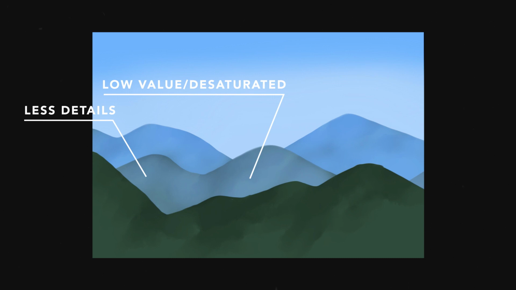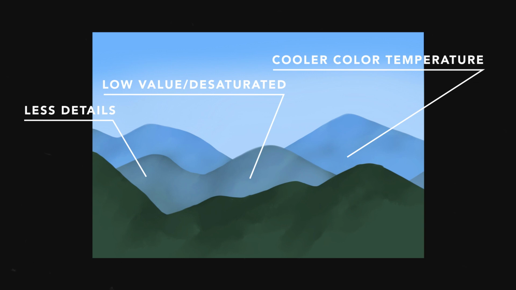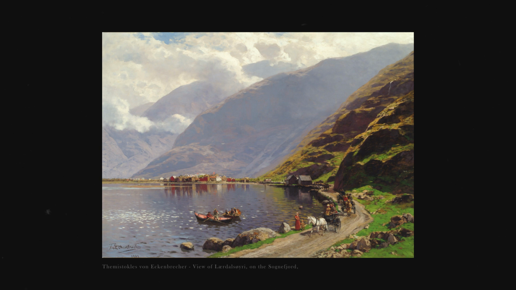Also, objects in the distance appear to have a much cooler temperature, so they become something like more of a bluish color. This painting is a gorgeous example of using atmospheric perspective in a very masterful way.